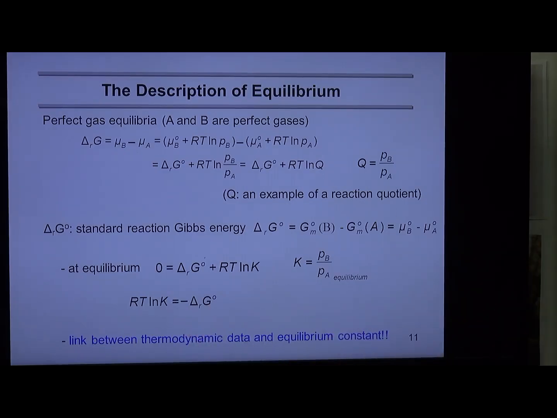Equilibrium constant is about compositions of reactants and products. It's about chemical reaction. So this simple equation basically shows the link between thermodynamics and equilibrium constant. It's a very important equation.